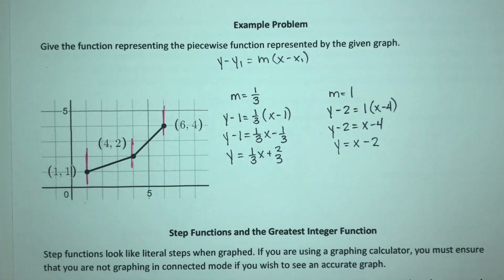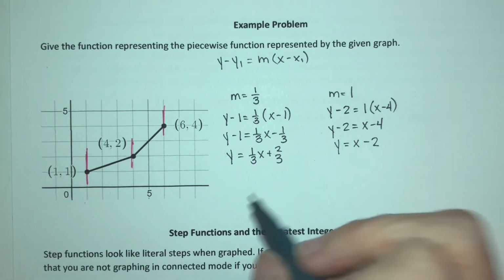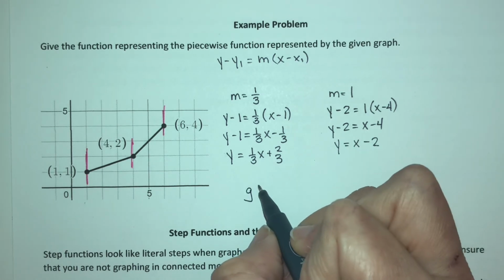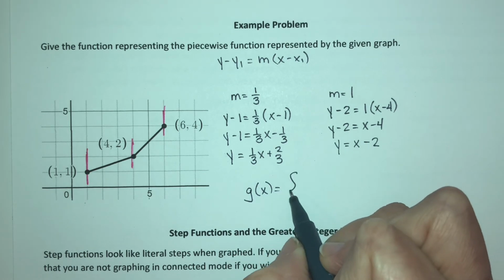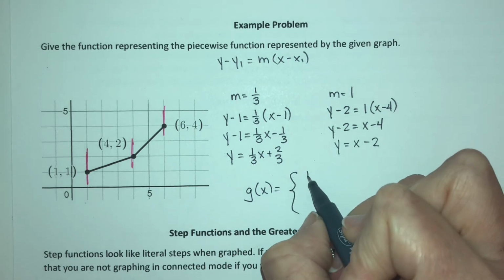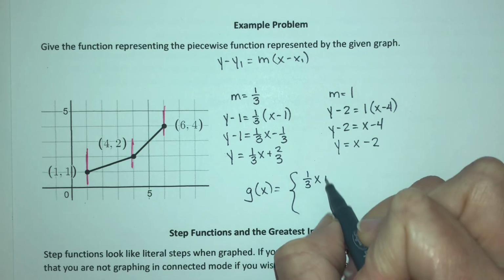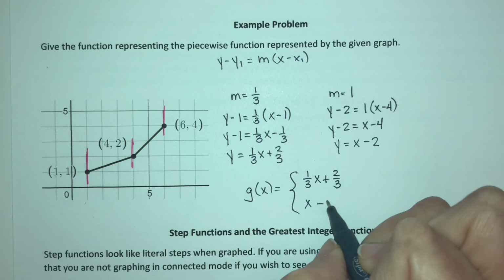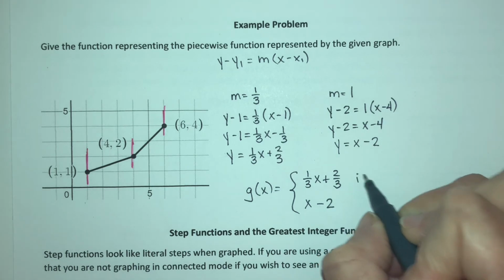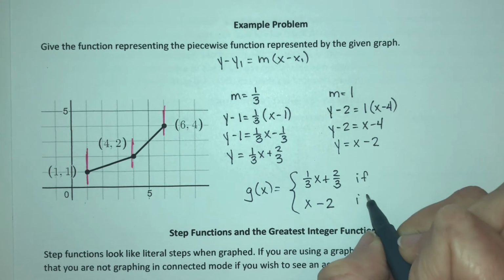Okay, so now that we have that, we have the 2 main parts of our piecewise function. So we have 1/3 x plus 2/3, and we have x minus 2. Now we just need to put the conditions on each part.